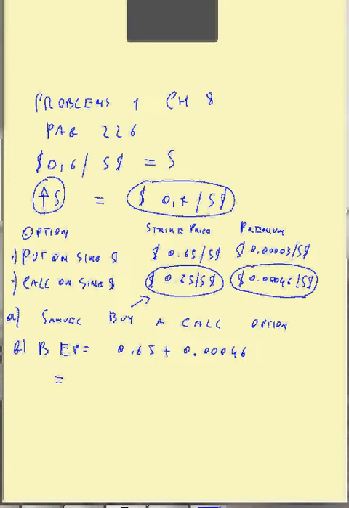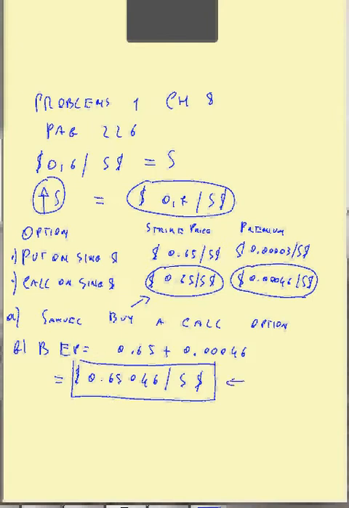So it is equal to 0.65046 USA dollars for each Singapore dollar. It means that if after 90 days the actual exchange rate is equivalent to this value, he is indifferent to exercise or not the option.